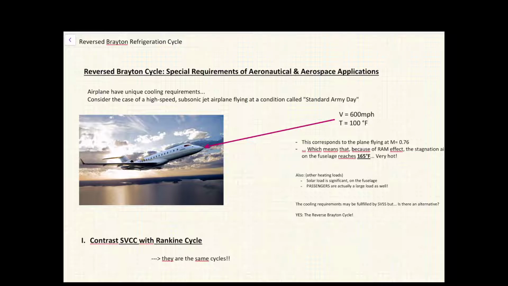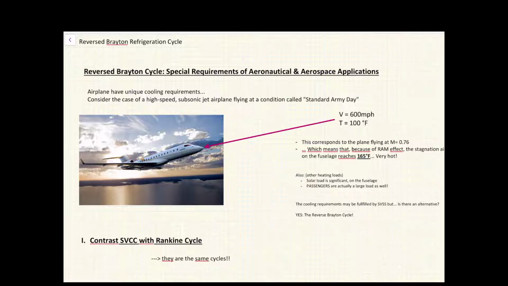That's a lot of heat per square meter, and a lot of surface on the airplane as well. So you see where that's coming from. And also, last but not least, the passengers inside the cabin are actually contributing significantly to the heat load inside the cabin too. So to deal with all these factors we're going to need a fairly significant source of refrigeration.